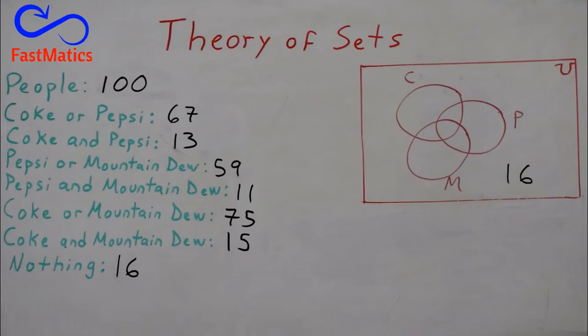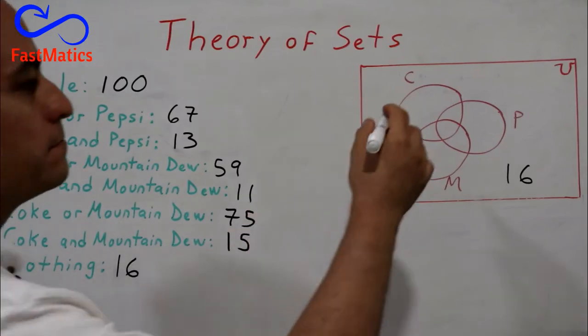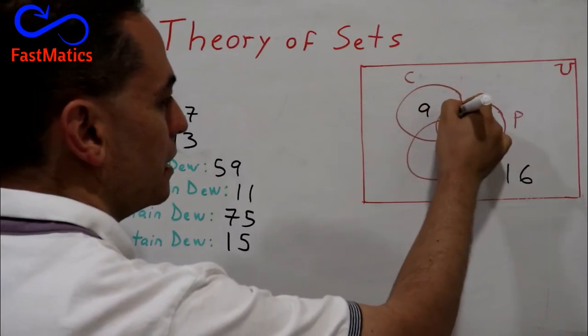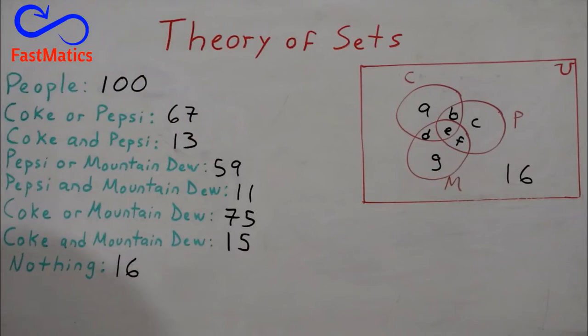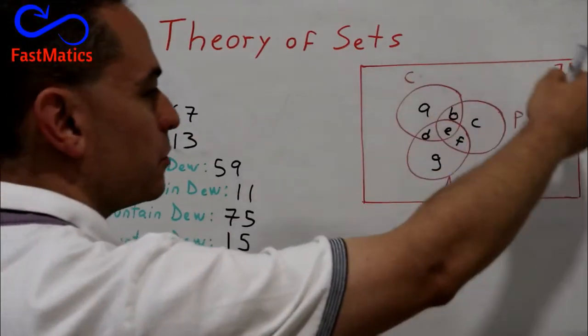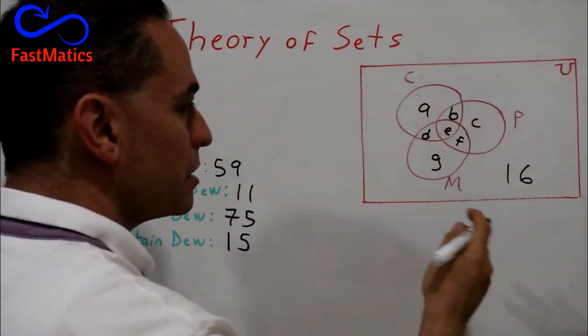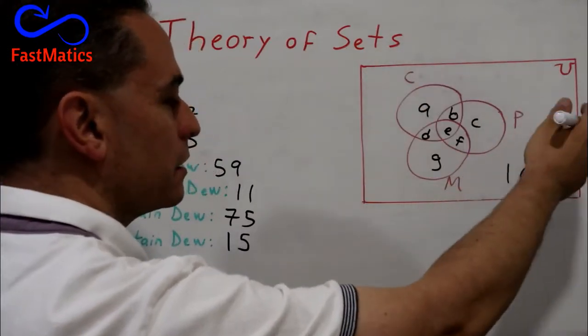But inside the circles, we have to see how to place each number. So we are going to put letters into regions. For example, A, B, C, D, E, F, and G. Then we can see that everything here must add 100 because we are studying 100 people.